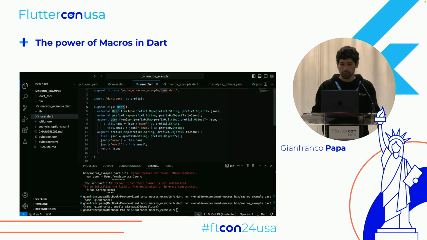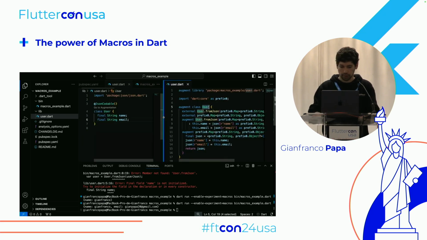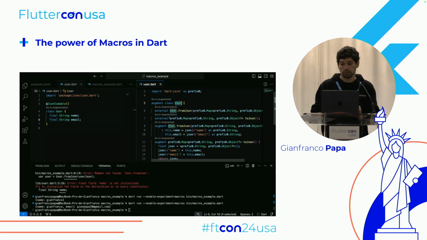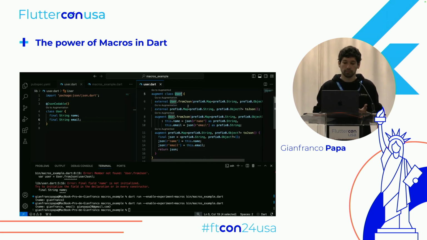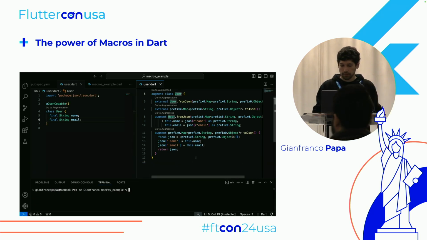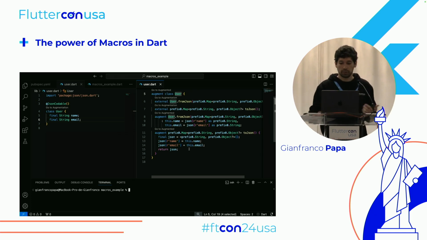And if we go to the augmentation class and put it in both sides, we see that at first we have the augment keyword. This means that it will augment the user base class and will add the methods that are part of the macro. But the cool thing is, this is basically us having the generated file in our build_runner library, right?